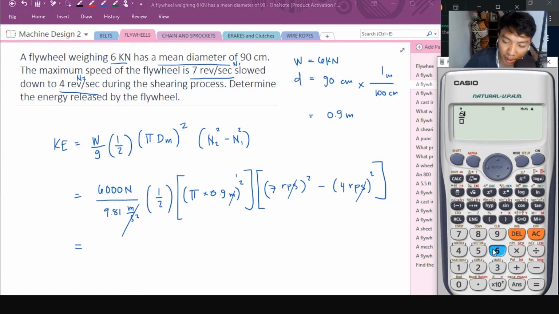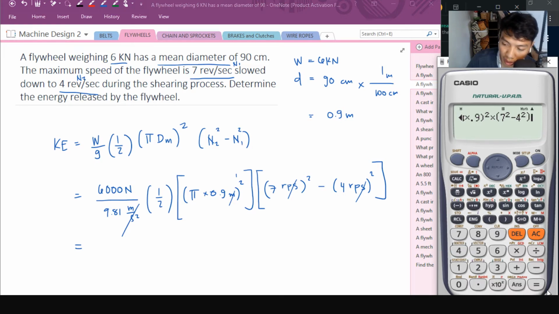So, 6,000 divide by 9.81 times 2 ko na kasi 1 half yung nasa baba. Multiply to pi times 0.9. Square ko ulit yan. Multiplied to 7 squared minus 4 squared.